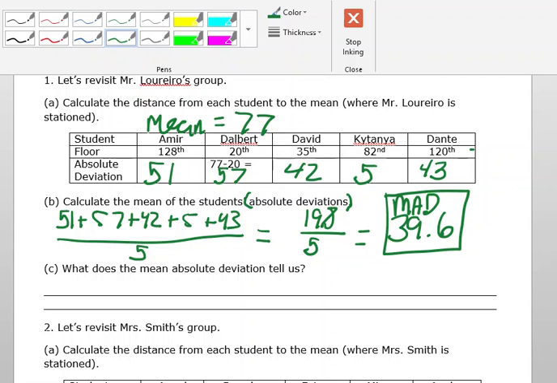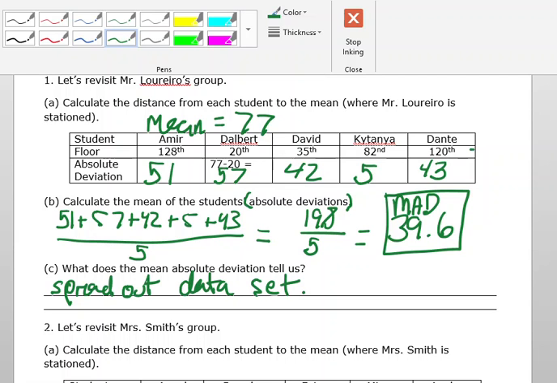So what does this mean absolute deviation tell us? When I think back to the idea of a clustered data set as opposed to a spread out data set, I know that a mean absolute deviation of about 39 means the average data point is 39 places away from my mean. This is a spread out data set.